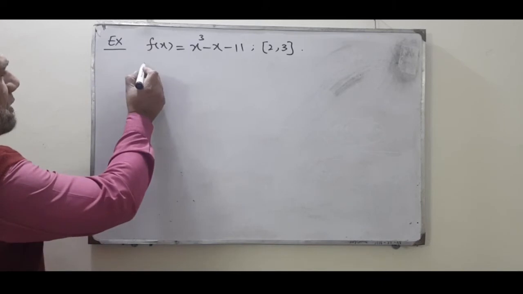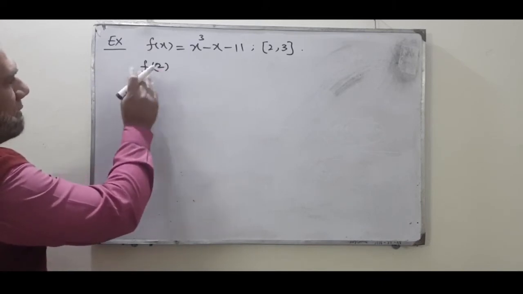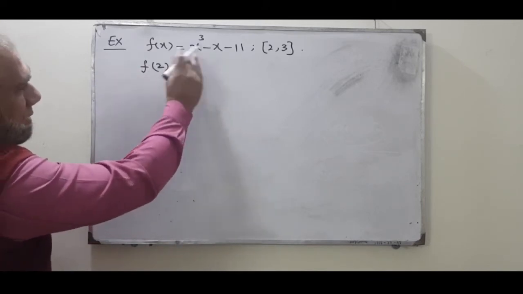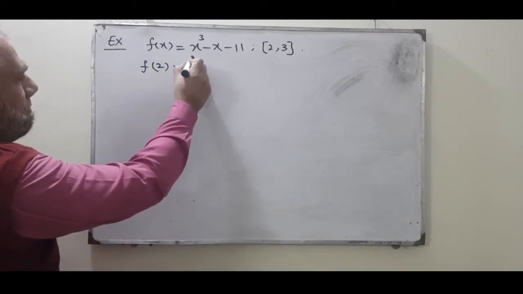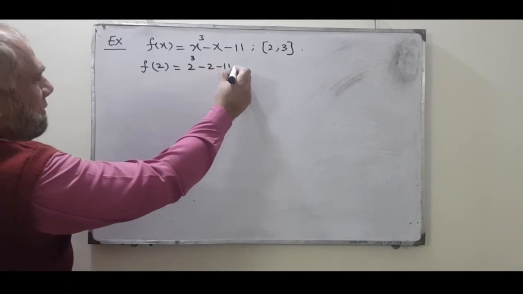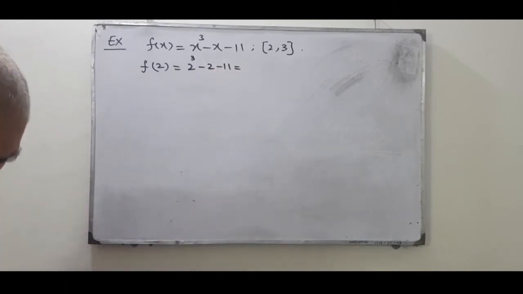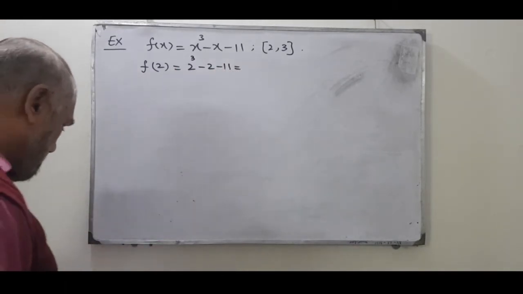Here you can see if I place 2 into the function, it gives 2 cubed minus 2 minus 11, which gives you minus 5.